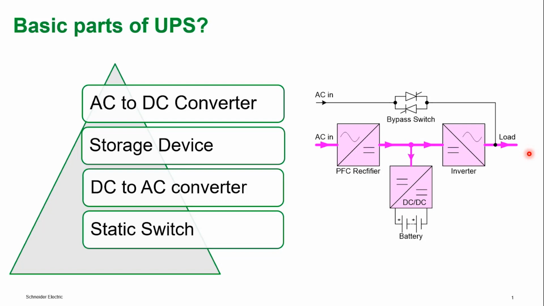They will not run on the direct current provided by the battery bank. So we need an inverter section to convert direct current into alternating current, which is then given to the load, and whatever equipment is connected to our UPS will work without any hassle.